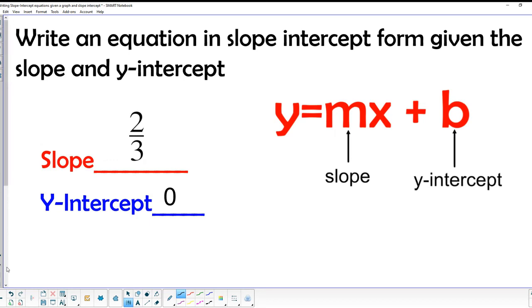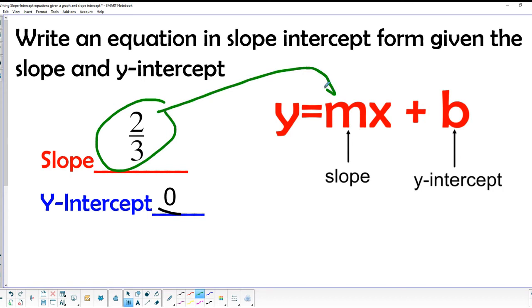Okay, let's try another one. We have a slope of 2/3 and a y-intercept of 0. That's the first time we've seen a y-intercept of 0 on this assignment. So let's see how that's going to work. If we put our slope in where m is, let's put it down here on the bottom. Y equals, our slope is 2/3.